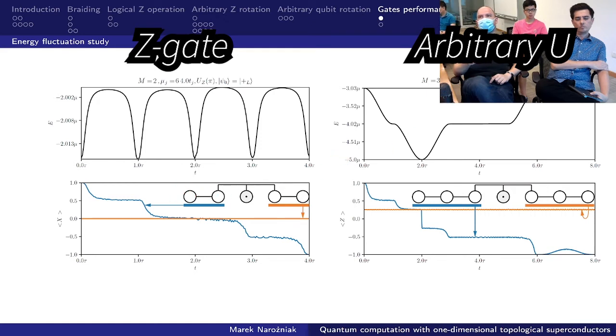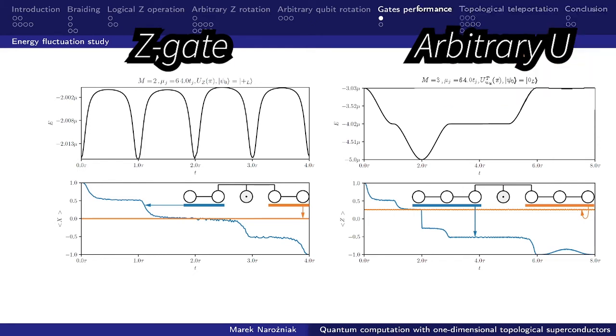And the initial state of the X rotation is 0, so the expectation value of Z is also 1 on the right. When we apply the protocols, we see that this goes from 1 to -1 through the entire protocol. So plus becomes minus. So the state got rotated by pi.